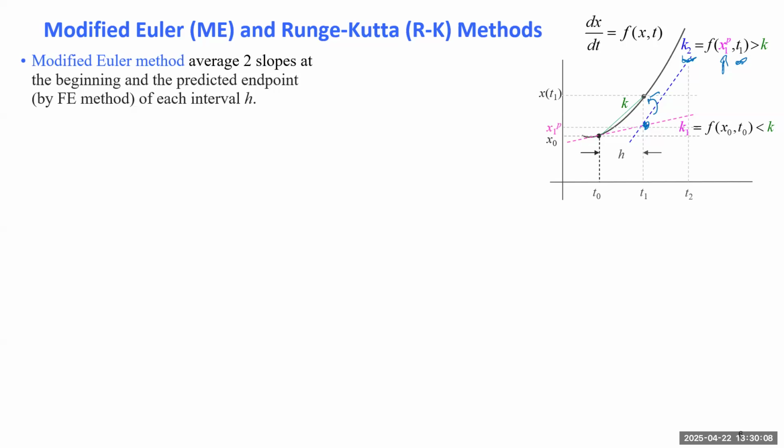It may not be exactly the same, okay? But from this example, we know K1 is smaller than the accurate slope K, and K2 is bigger than the accurate K. So if I do an average, I should get something much better. So this is the average. Then I use this line as a tangent to predict the ending point.